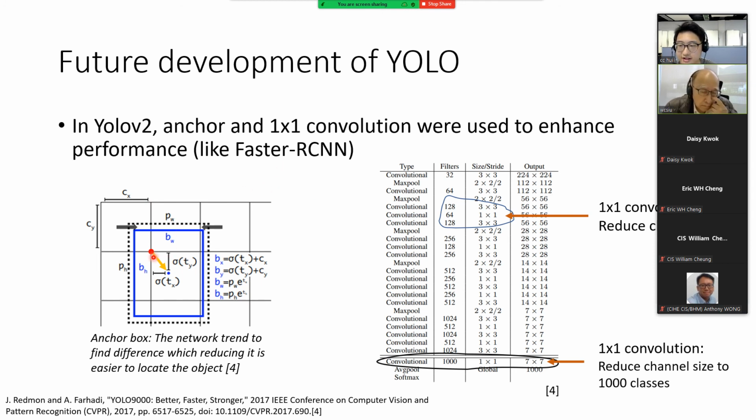First is anchors, because with anchors it can learn the object position more easily, and it is easier to train the model. Second, it has a one-by-one convolution rather than the fully connected layer. One-by-one convolution can easily reduce the size and extract the properties.